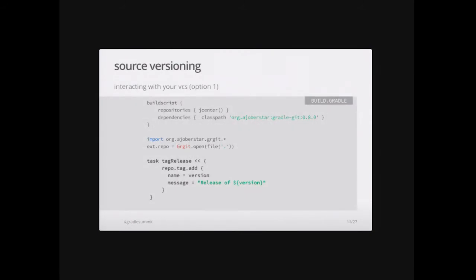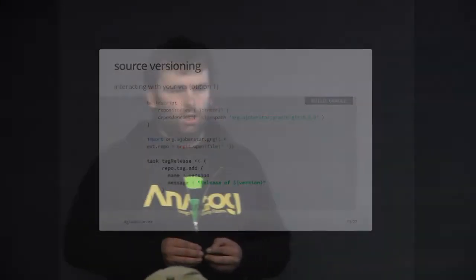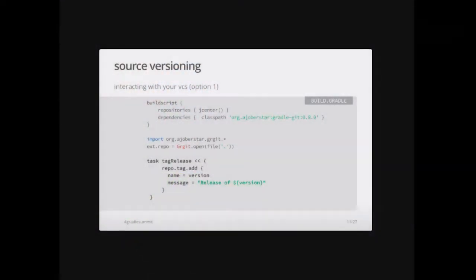The next topic I want to cover is dealing with your VCS. There are plenty of plugins out there already to deal with Git, with SVN. Anybody using ClearCase? I haven't seen an open source ClearCase plugin yet, but I guess for a reason.